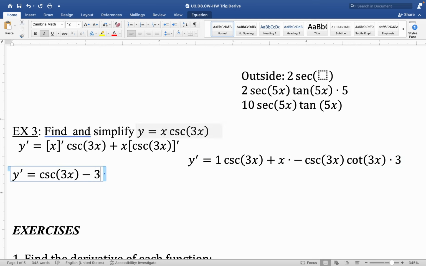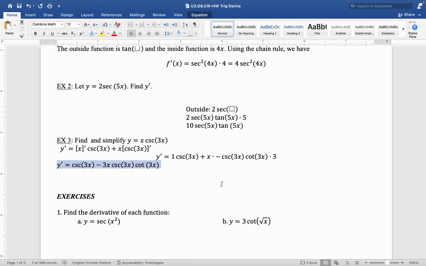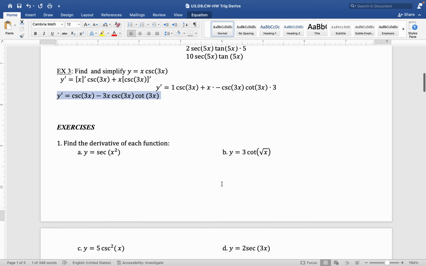So I'll write minus 3, and then this x, so minus 3x, and then the trig functions, cosecant 3x times cotangent 3x. And that is our derivative. That's about it. You could pull out a common factor of cosecant 3x if you really wanted to, but that's it. And so that's all I have to say for this lesson.